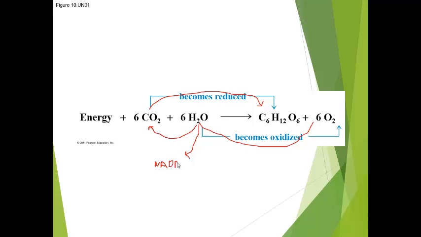NADP+ is going to gain the electrons and become NADPH. NADPH is going to serve as the electron carrier, and that NADPH is what's eventually going to bring the electrons over to carbon dioxide to reduce it.